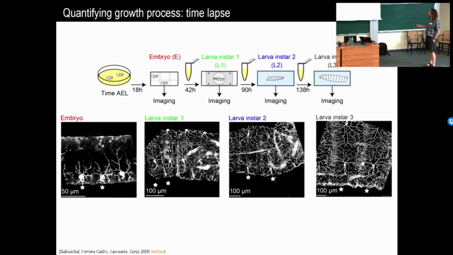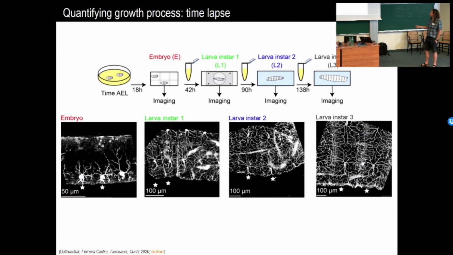And so what we did in this collaboration with the lab of Gaia Tavosanis and all the PhD students involved here, we looked at the same neighboring dendrites at consecutive developmental stages.